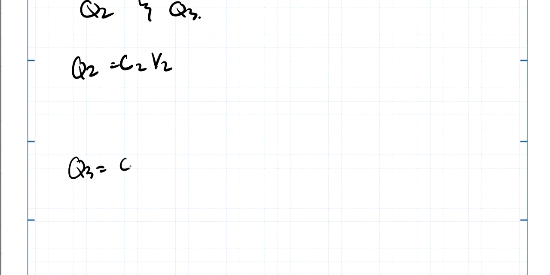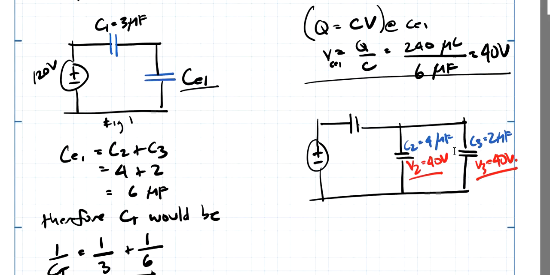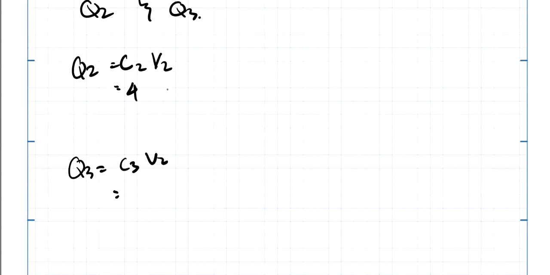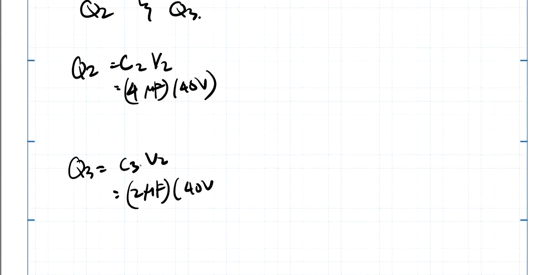So C2 is 4 times 40, and this one is 2 times 40 volts. If we do 4 times 40, that's going to be 160 microcoulombs, and 2 times 40 is 80 microcoulombs.